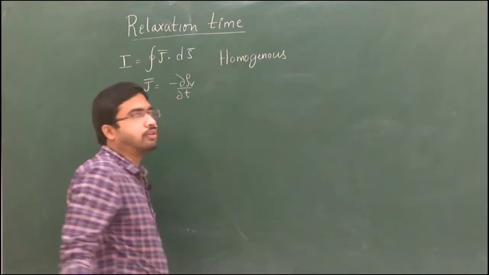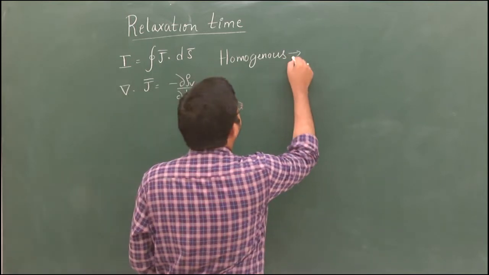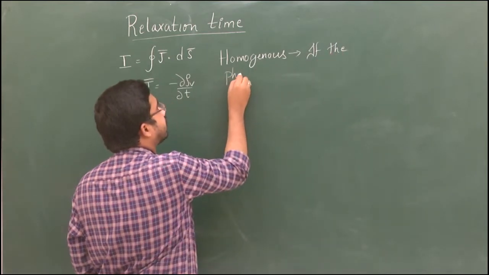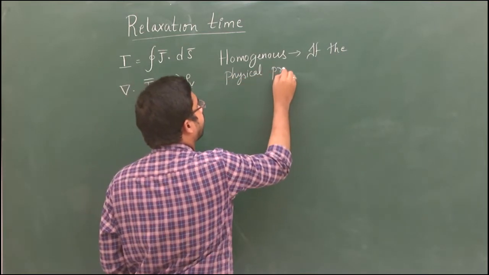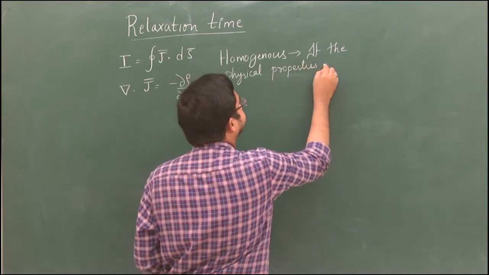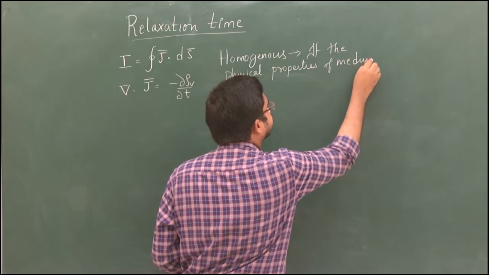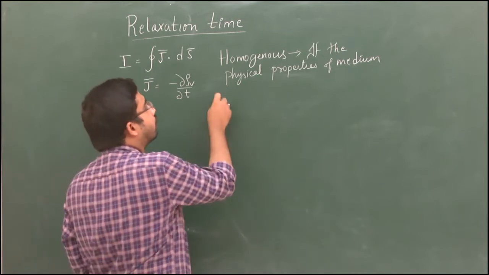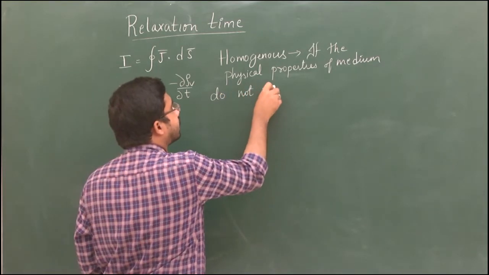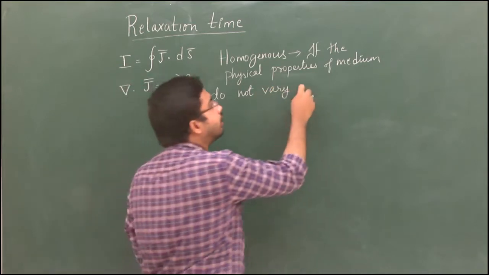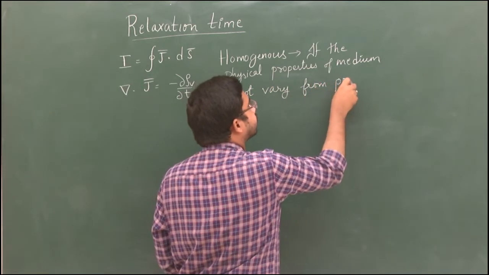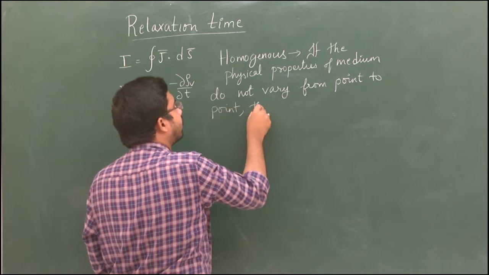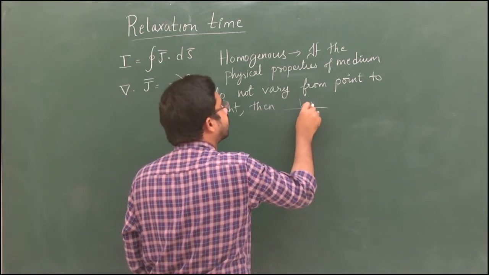Homogeneous material means if the physical properties of the medium do not vary from point to point, then such a system is called a homogeneous system.